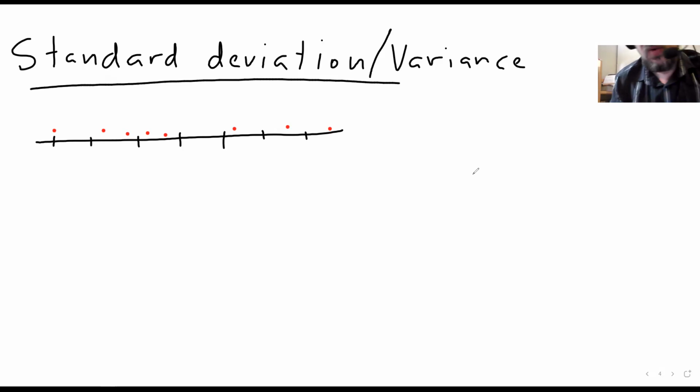So the first thing we're going to have to do is calculate the mean of this, which I am not going to do precisely. I'm just going to estimate it, right? So I would say the mean of this is probably about here, maybe. Yeah, something like that. Close enough. Mean.